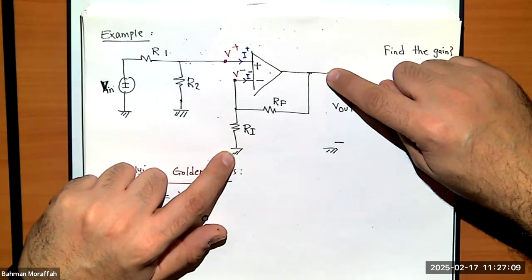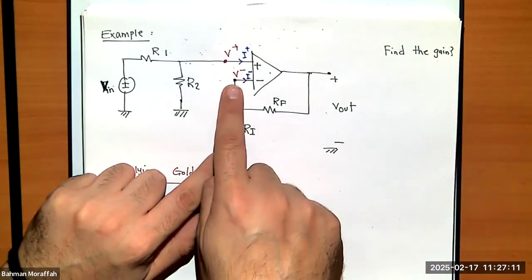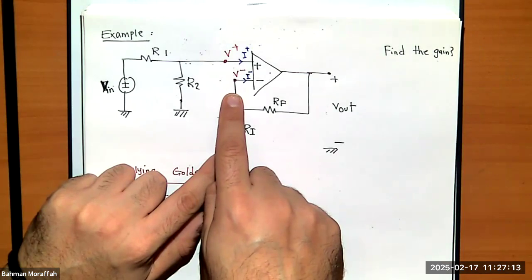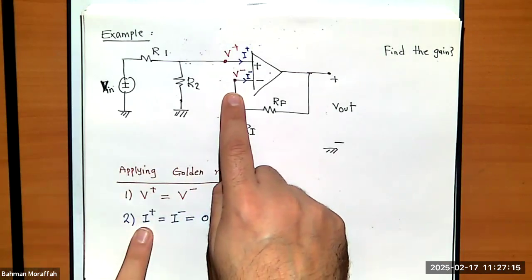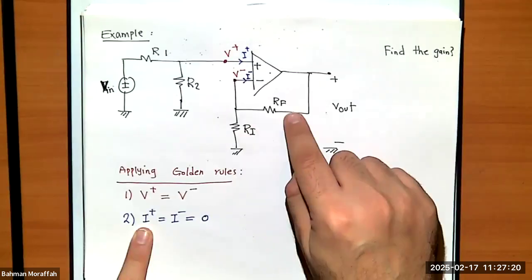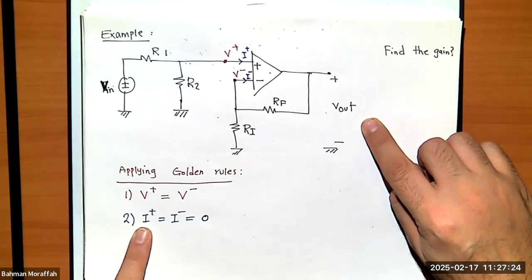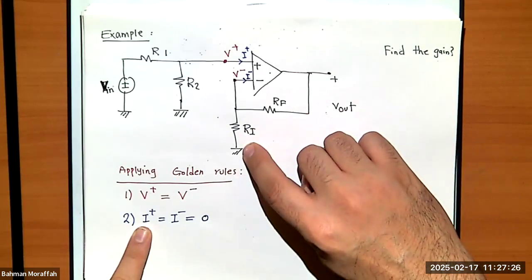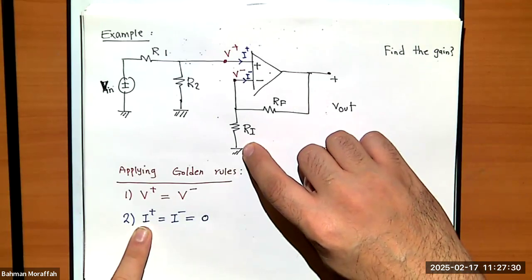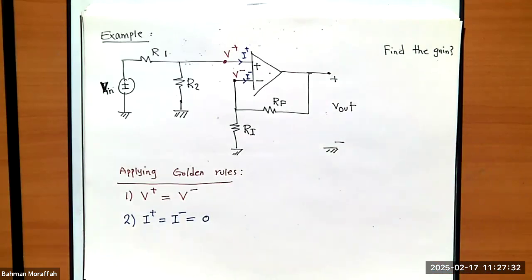It is, right? But what is this I negative here? That is 0 because of this rule that we have. Therefore, I know these two things are in series, and voltage across both of them is V out. So what is voltage across Ri? That's a voltage divider, right? So I know voltage across Ri.